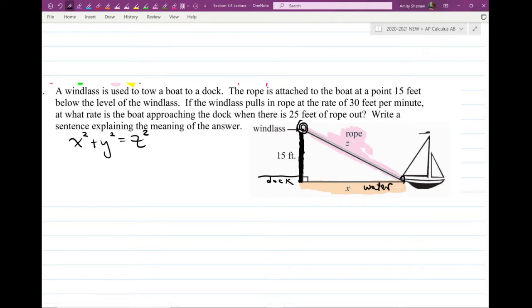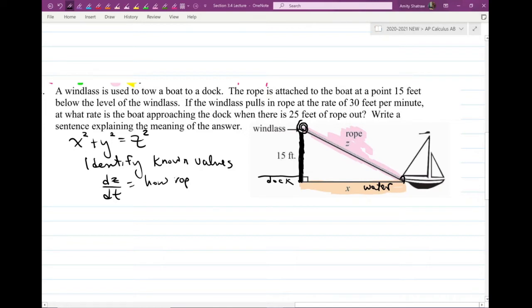It'll say on the answer key that if you identify known values, you will get a point for it. So I know that dz/dt is how the rope length changes.